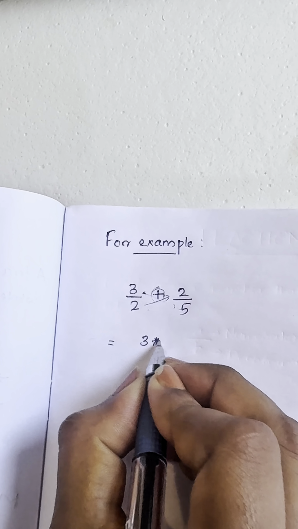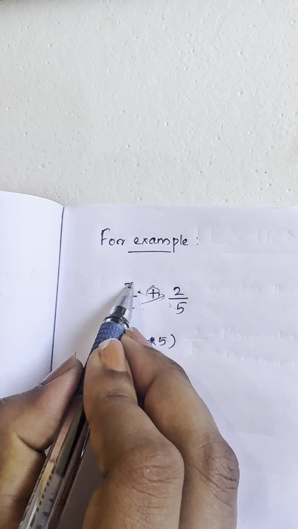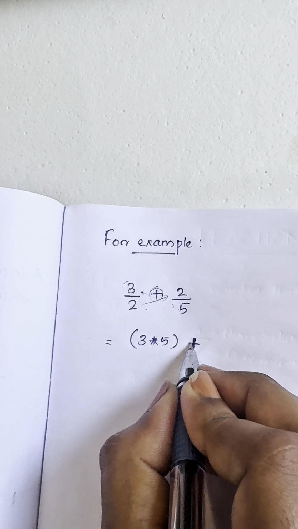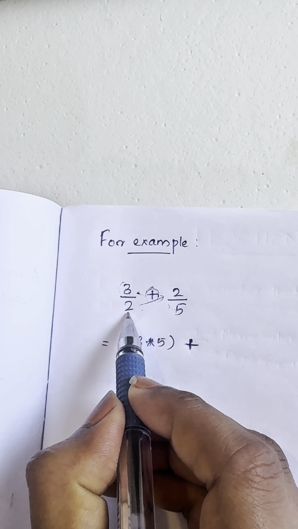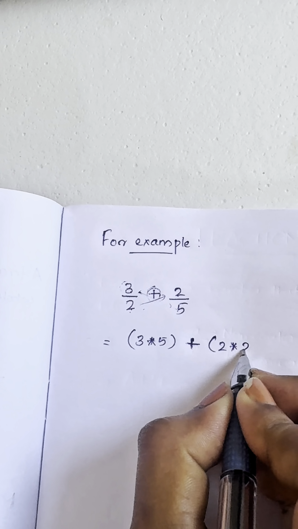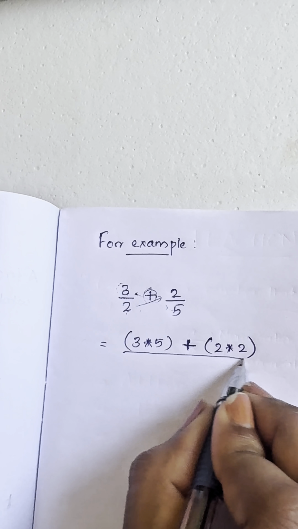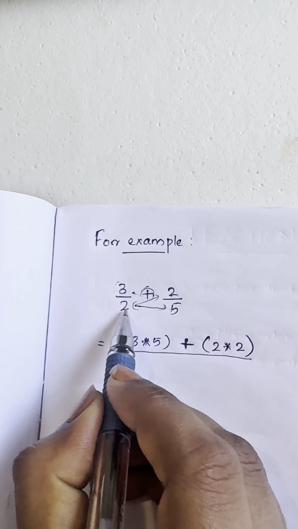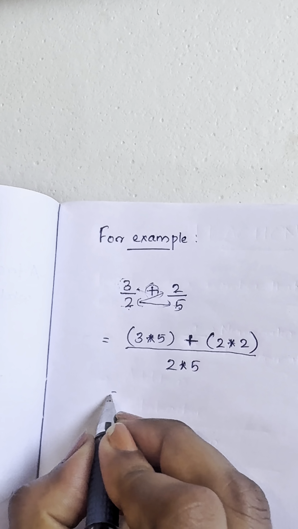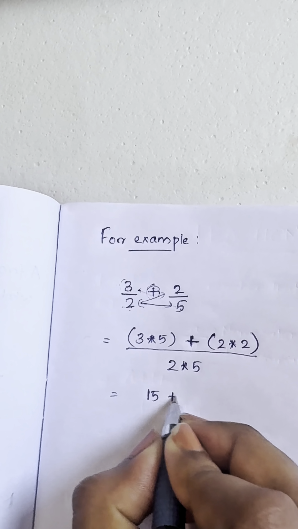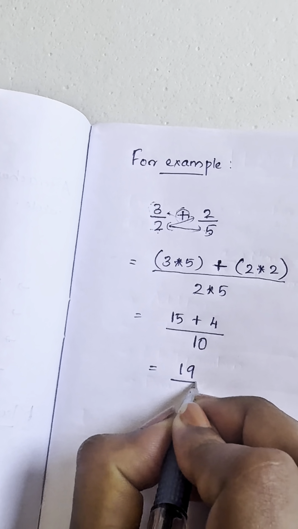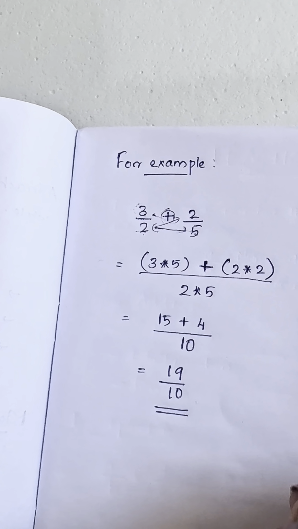That will be 3 multiplied by 5 plus, we cross multiply the numerators and denominators, plus 2 multiplied by 2, which will be the denominator of the first and numerator of the second. Whole divided by the denominators multiplied by each other, which will be 2 multiplied into 5. Easy, which will become 15 plus 4 divided by 10, which will result in 19 divided by 10. Easy.